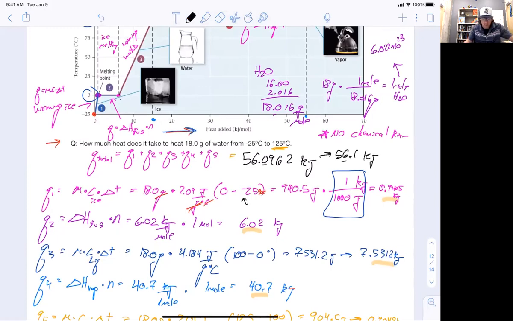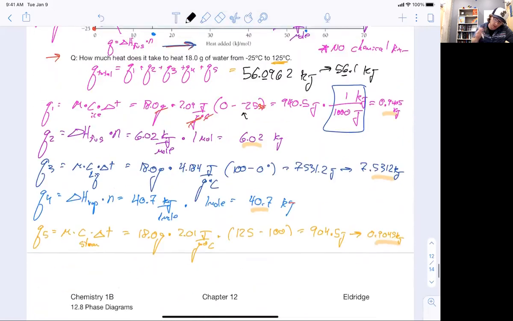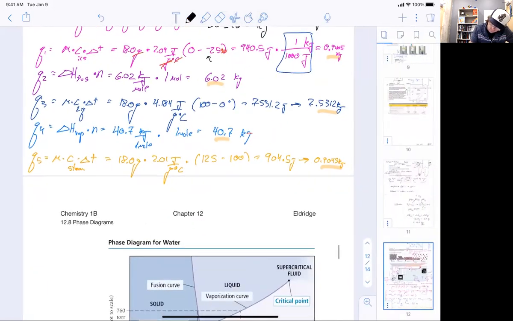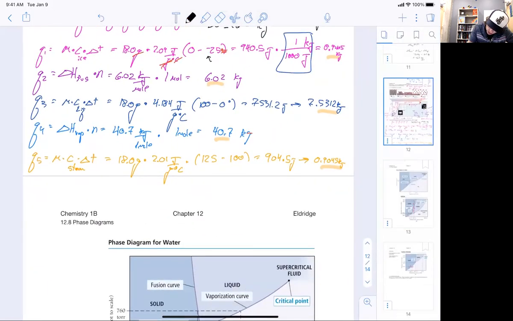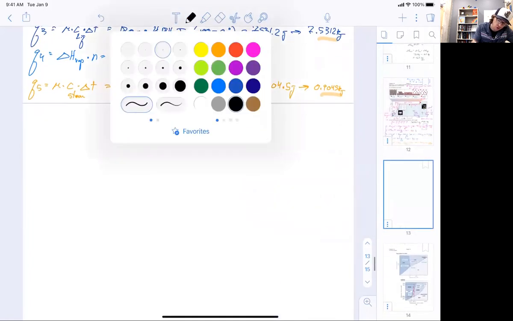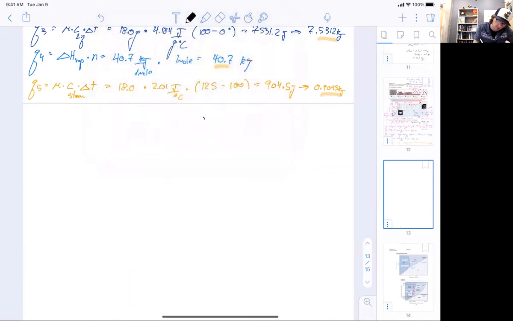Okay, so these problems, when you see them, they can take on a couple different interesting formats. The first thing is that you've got to remember what the graph looks like in order to use this problem-solving technique.